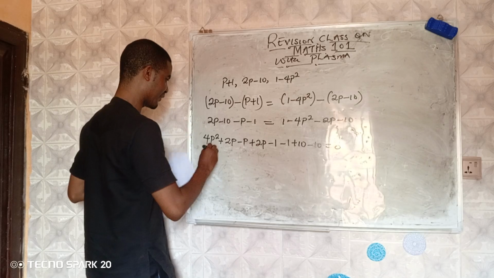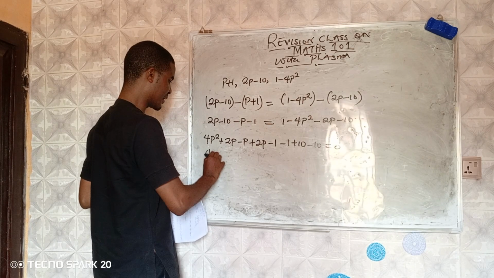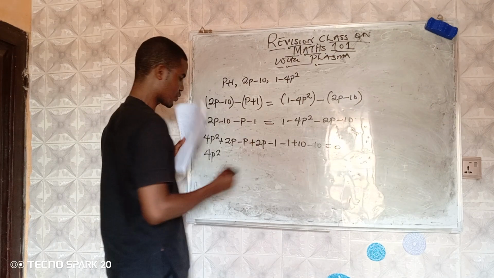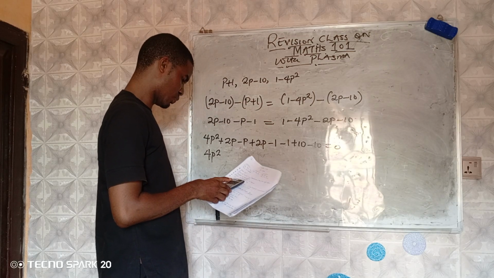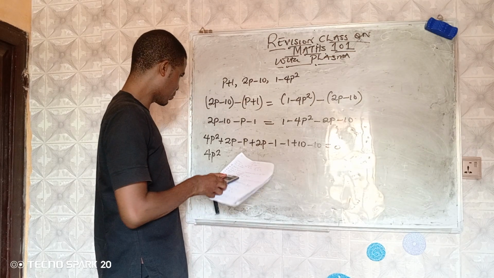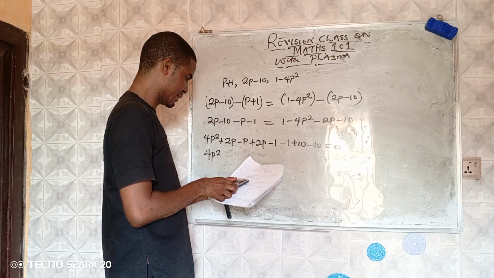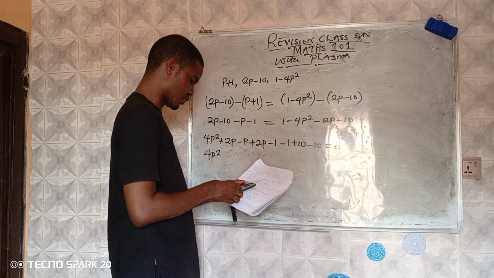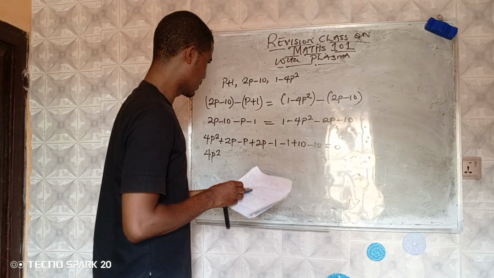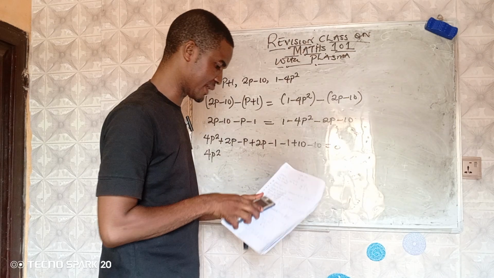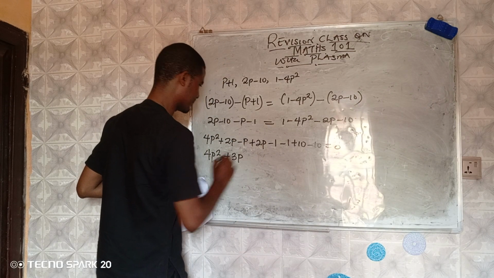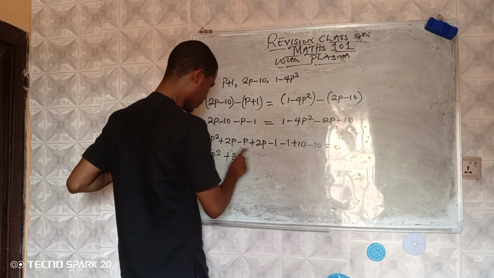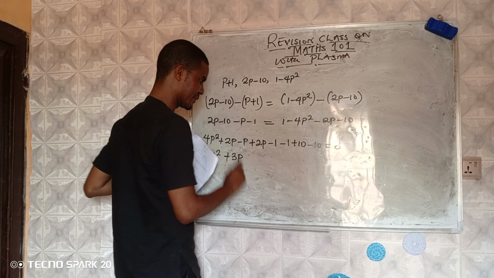Okay, so having this, we have 4P squared, then 2 minus 1 plus 2, that should give us 3P, because 2 plus 2 is 4, 4 minus 1 is 3.